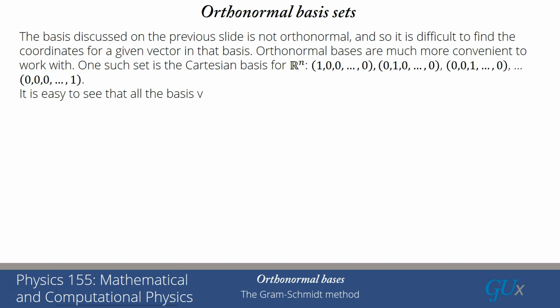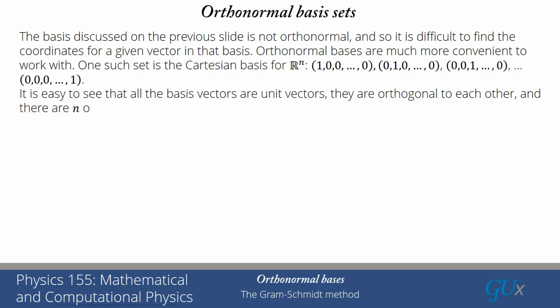Now it's very easy to see that ei dot ej in this basis is equal to 0, except when i is equal to j, when it's equal to 1. So this is an orthonormal basis. Because I have n basis vectors and the dimension of my space is n, they obviously have to span, and so they are an orthonormal basis for R to the n, and in fact that's the basis that you're most used to working with, this Cartesian basis.